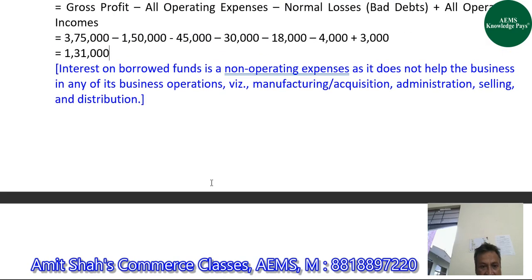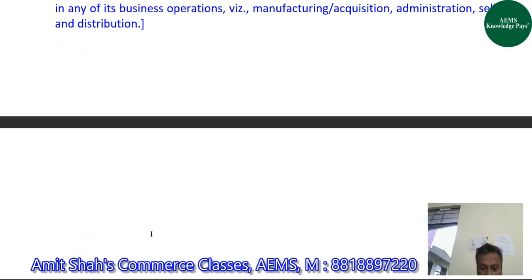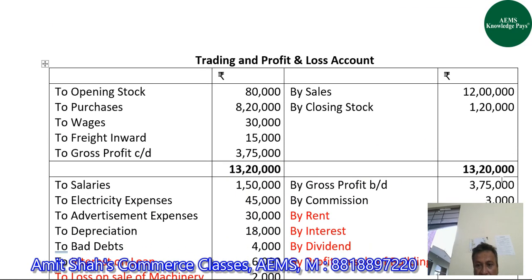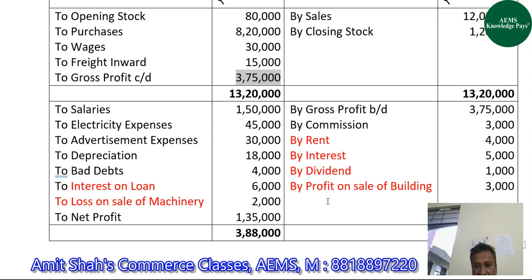Let me check our trading and P&L account here. This is correct, 375. Yeah, this is the difference, guys, here.